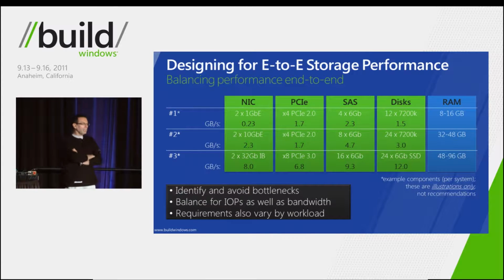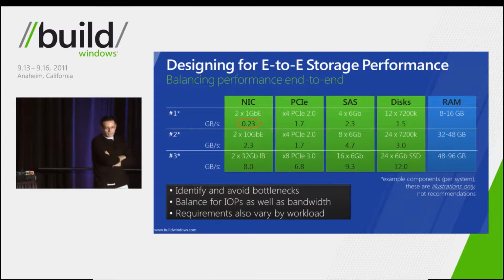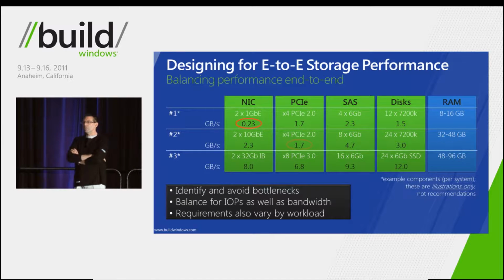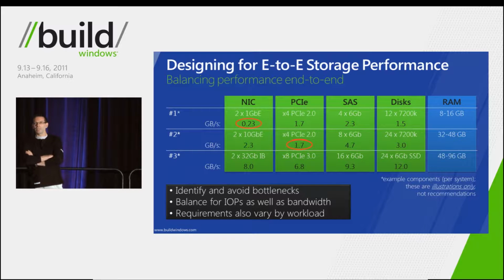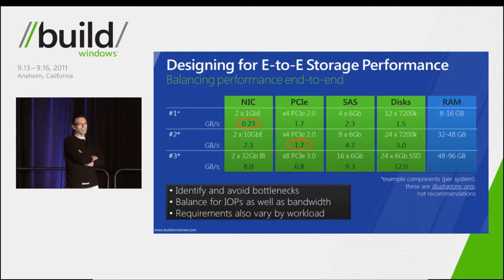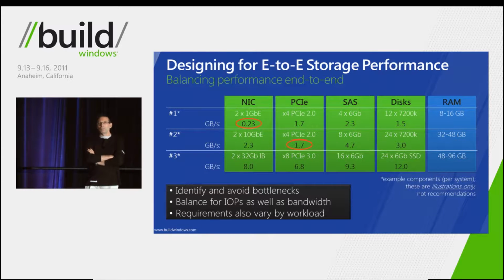All right, so that's heterogeneous. Now, end-to-end storage performance. There are more details, and this could be a whole session in itself. I refer you back to some of the comments and the discussion in the previous sessions where we talked about designing for scalability and performance for continuous availability. But I wanted to put out a couple of examples of what these systems might look like and what the bottlenecks might be.